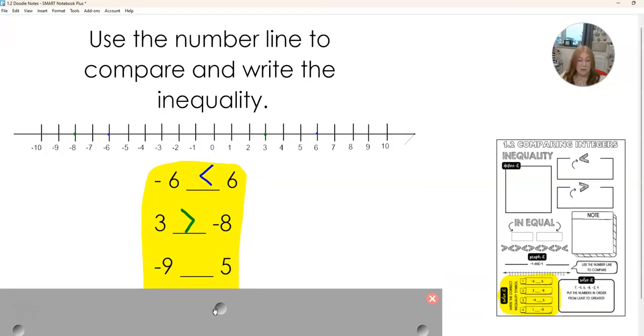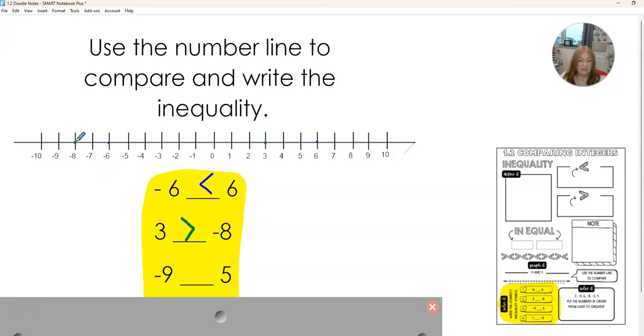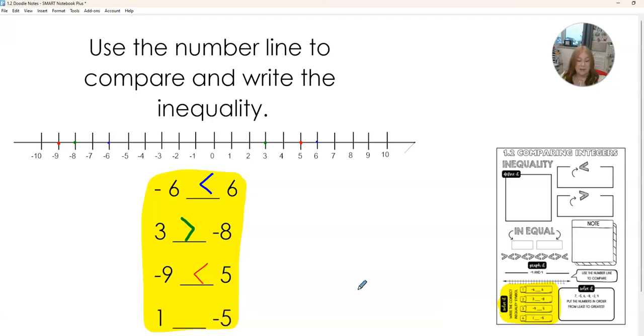Okay, our next one, we have -9 and we have +5. I can see 5 is on the right. So the big side opens to the 5. So -9 is less than 5. Then we have 1 and we have -5.